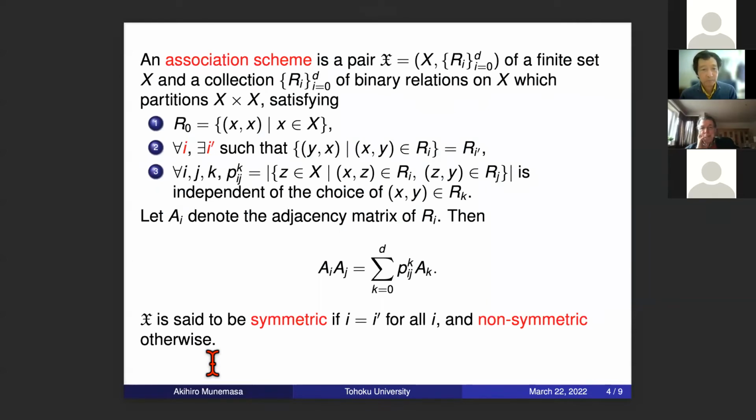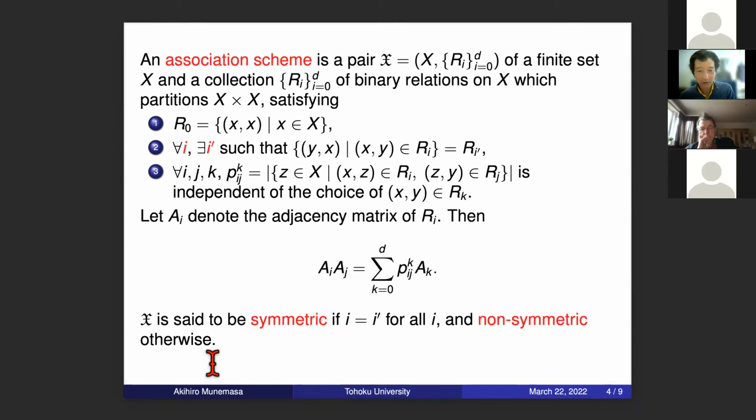So let us recall the definition of an association scheme, because the talk today is about association schemes. So for me, an association scheme is a pair of a finite set X and a collection of binary relations on X, which partitions X times X, satisfying the following 3 conditions.